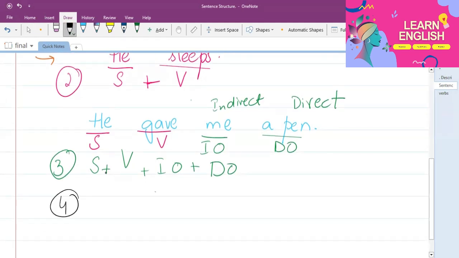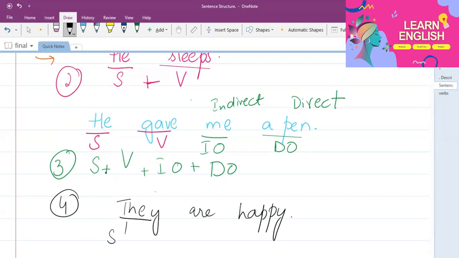The third sentence structure, which can be formed as well. If we have a sentence like they are happy or they are sad. So they, okay, it's the subject. Are is a verb, an auxiliary verb or a linking verb, you can say over here. What is happy? Happy is an adjective because it is telling us the quality, the trait.